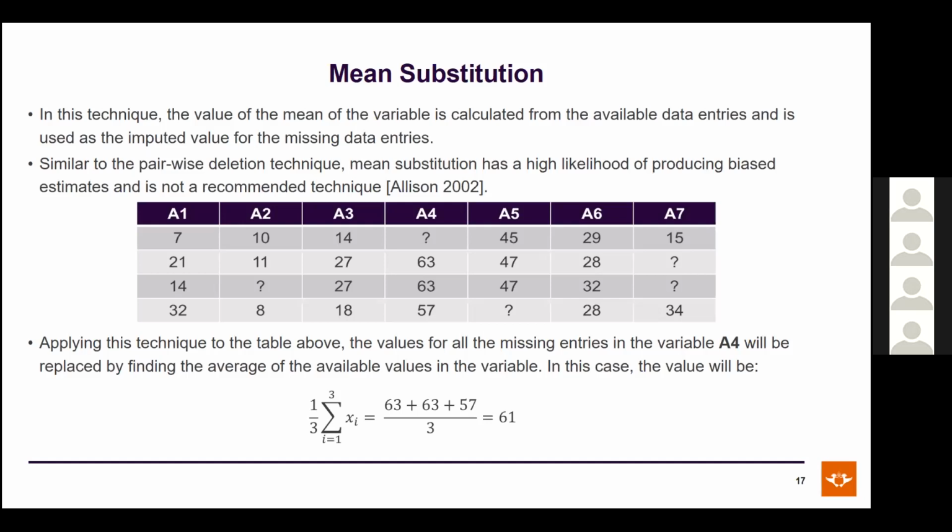If we look at A5, we can do the same. A7, we can do the same, even A1. So that will be 29 divided by 3, which is more or less 9.67.